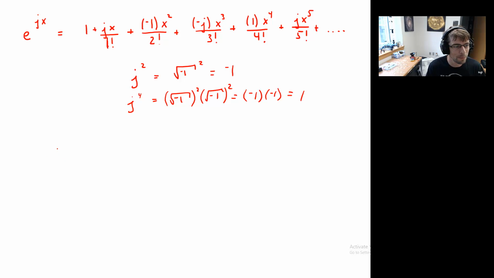So here we go. We notice that 1 is real, has no j, so we'll start off with 1. And then the next term has a j in it, so we're not interested. The next term, I have -x squared over 2 factorial. The next term has a j in it, but the next term doesn't.